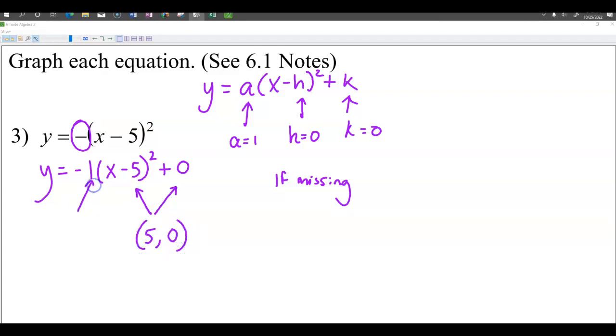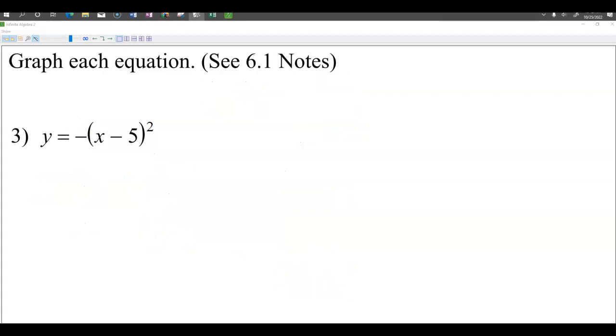And once again, because that's a negative, we'll have a sad face parabola. So my graph would look something like that. I meant to do number 4, but I did number 3, but that's okay. I'll let you guys check out number 4.